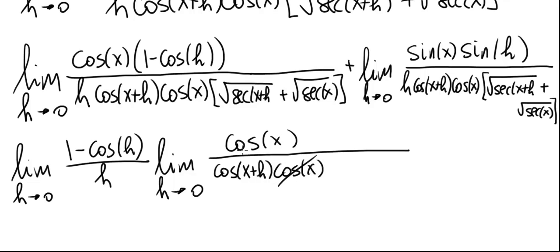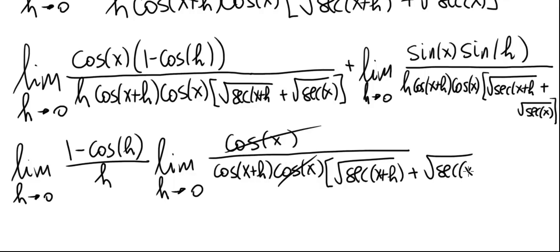You can see we can cancel these, times the square root of secant of x plus h plus the square root of secant of x. So that's the first limit, a product of two limits.